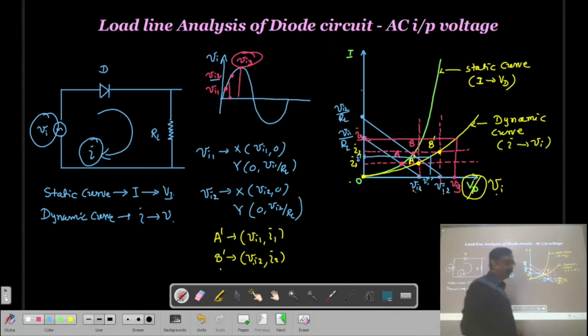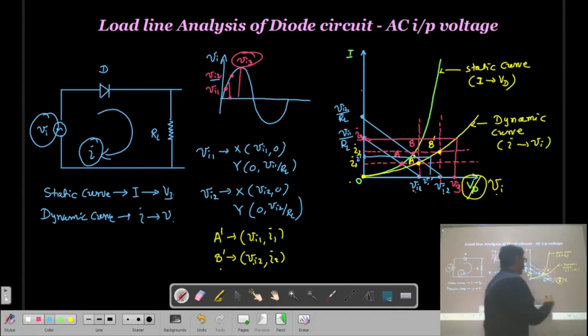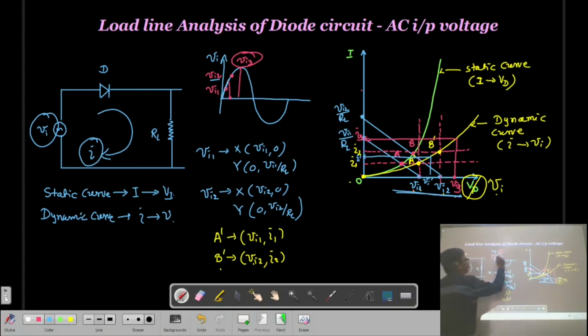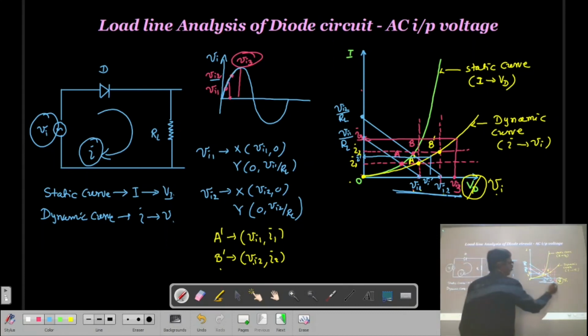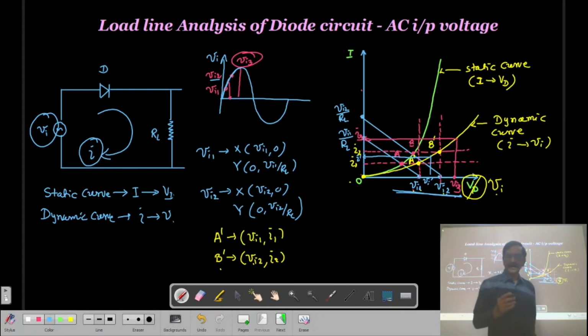So once you have a dynamic curve, then for any input voltage, from 0 to VI3, you just find the intersection point on the curve and you will get the information about the current flowing in the circuit. That is the advantage of using a dynamic curve.